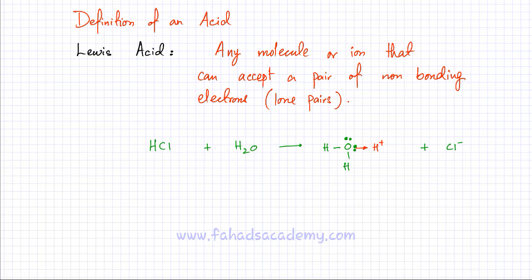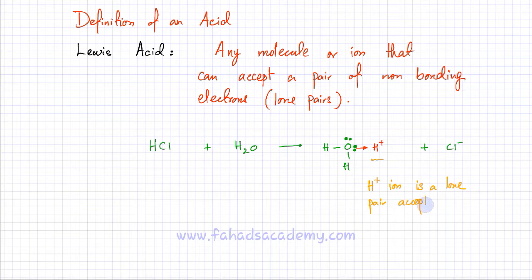Now if you look at this equation, you would notice that it's the H+ ion that is the lone pair acceptor in this entire equation. So let's highlight that, it's this H+ ion which in this entire equation is a lone pair acceptor.